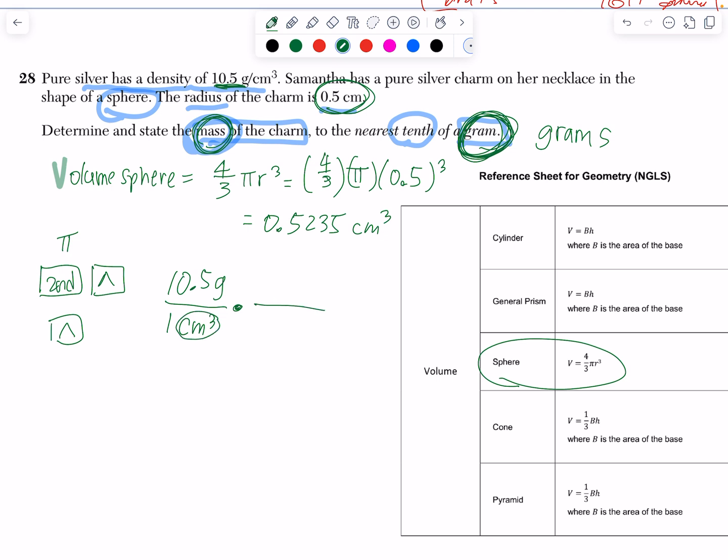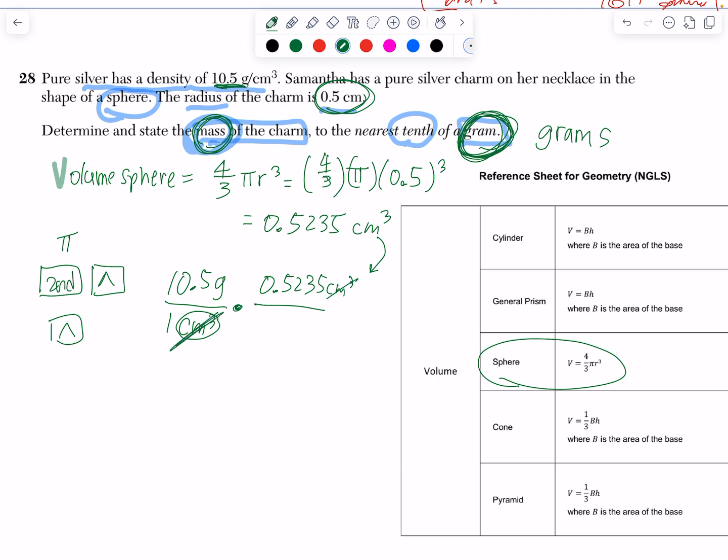So where do I get that? I get that from the volume I just found. So I'm going to input that volume. Keep in mind, when I'm showing my work, I only copied 4 numbers after the decimal, but when I actually do my calculations, I use the entire thing that's on the screen of my calculator.